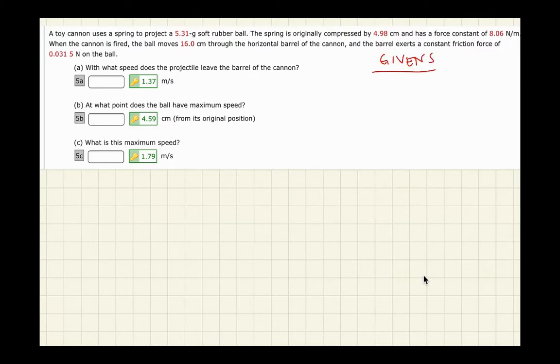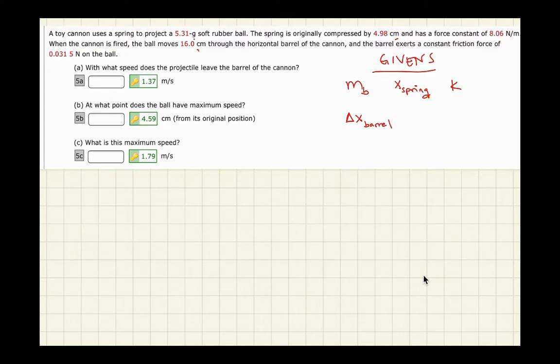I'm given the mass of the ball. Don't forget that that's in grams, so you'll need to convert it to kilograms. I'm given the x of the spring. That's, again, in centimeters. You'll need to convert it to meters. I'm given the spring constant, k. I'm given the displacement of the ball through the barrel.